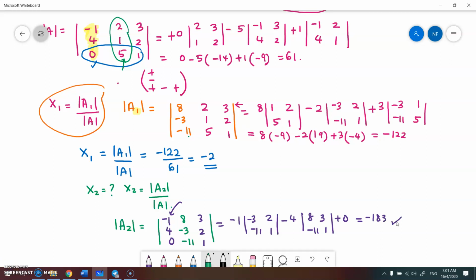So the determinant of A2 is negative 183 divided by the determinant of A. The determinant of A is 61. So this is negative 3. So my x2 is negative 3. And then we can proceed to x3.